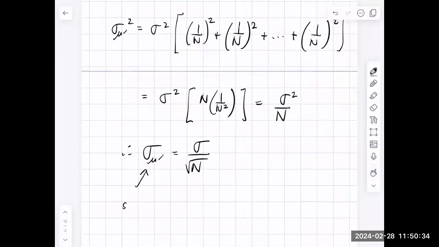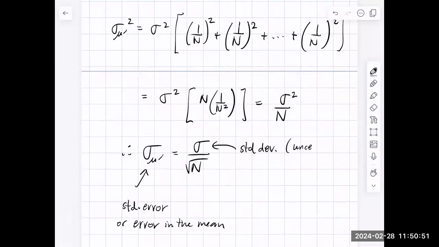This is the standard error, or the error in the mean. Sigma is the standard deviation, or it's the uncertainty in any single measurement.